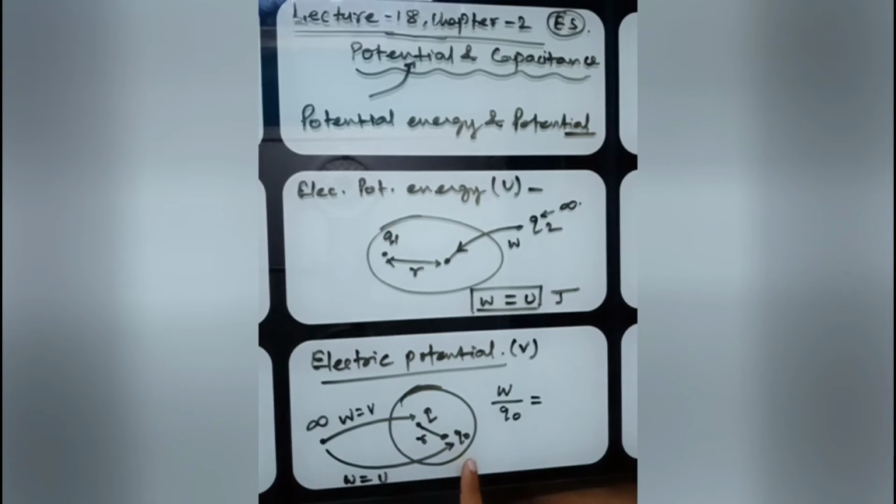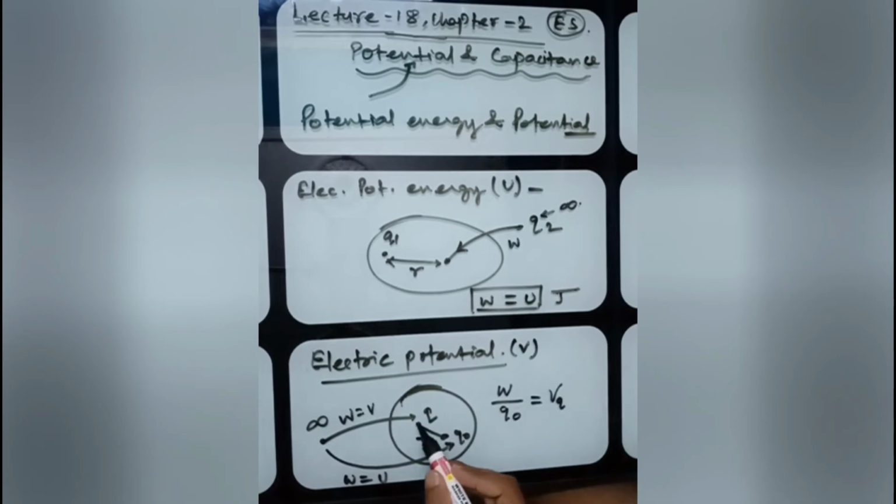Suppose you have work of 10 joule, but 10 joule per unit charge, if it is 1 coulomb, then 10 joule per 1 coulomb will give you the potential. If you want to find the total work done, that is only 10 joule, so the 10 joule will be the energy, but 10 joule per unit charge will give you the potential. That will be the potential of the isolated charge, the electric potential of charge Q at a certain point.